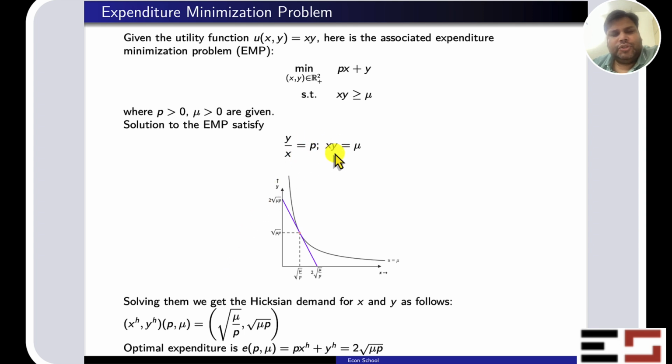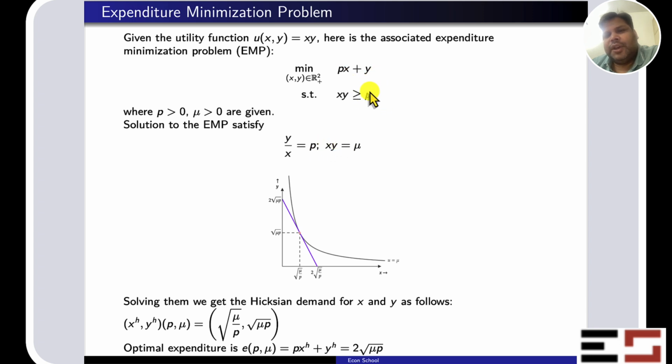So if we solve these two for x and y, we get the Hicksian demand as x equal to root mu by p and y equal to root mu p. And what is the optimal expenditure? So basically, what is the amount spent at the optimum to achieve mu level of satisfaction?